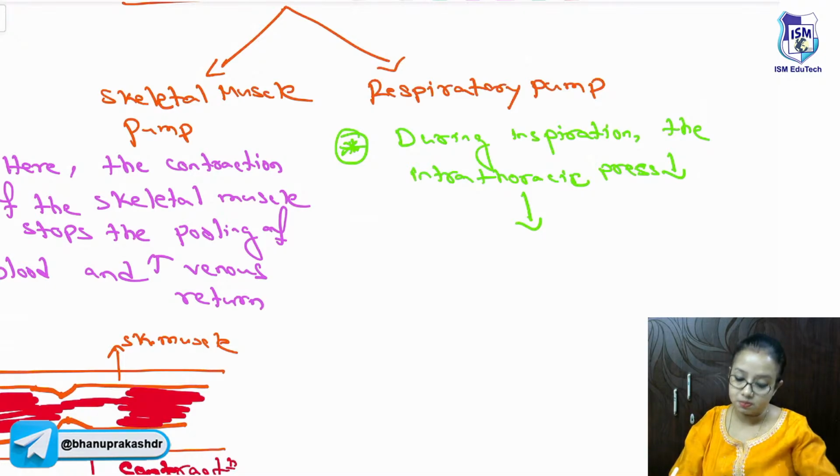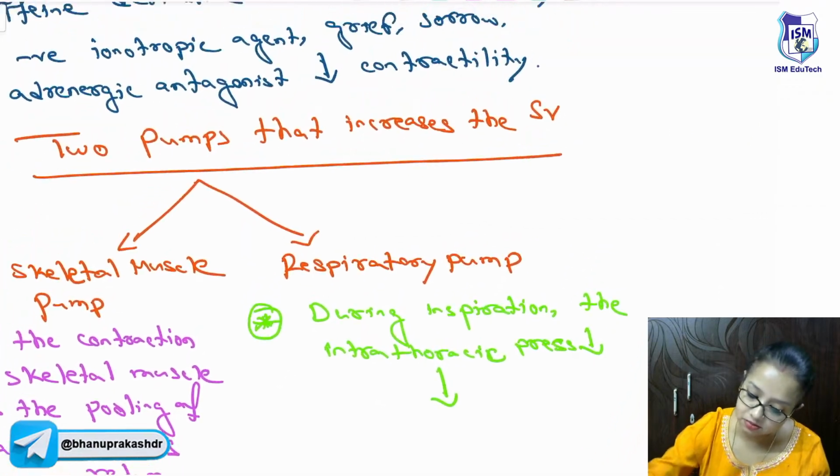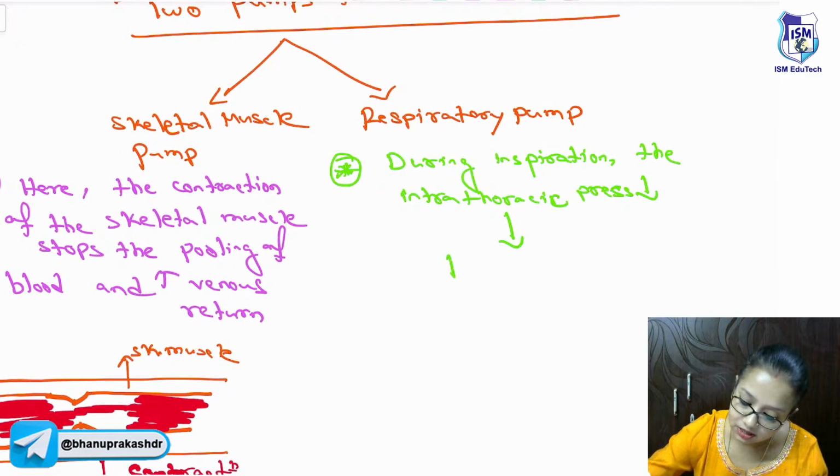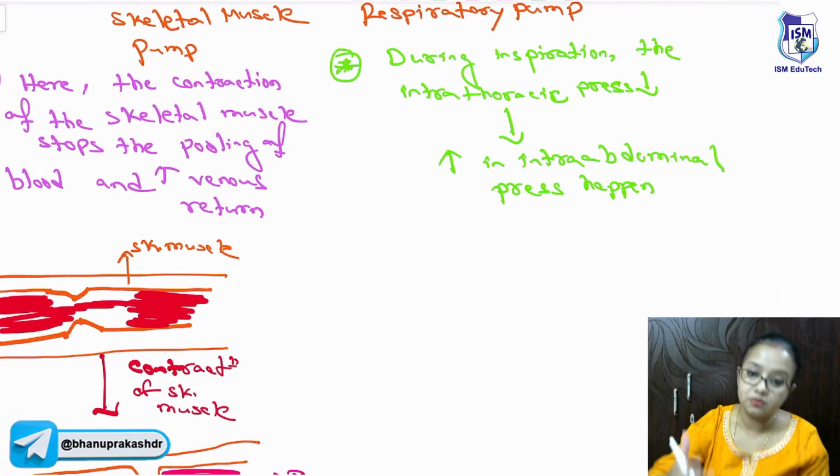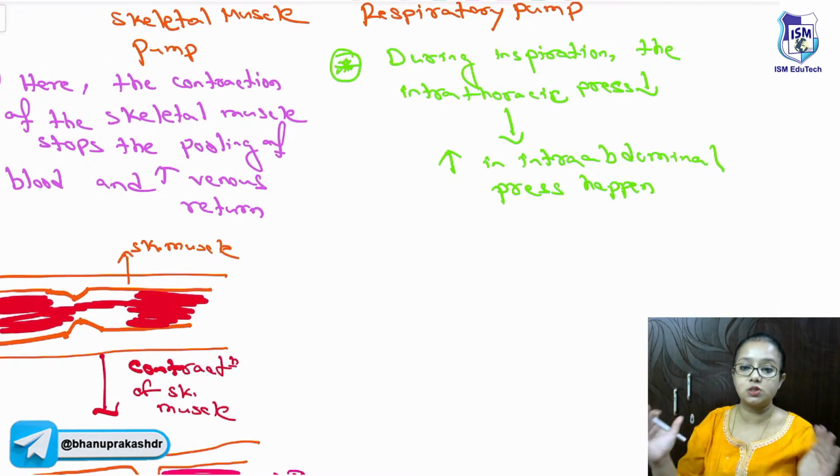So underneath, the diaphragm flattens out. This mechanism, again, we will study in the respiratory mechanism. The diaphragm flattens out and squeezes the abdomen, as a result of which intra-abdominal pressure increases. I repeat, when we are breathing in, the chest expands.